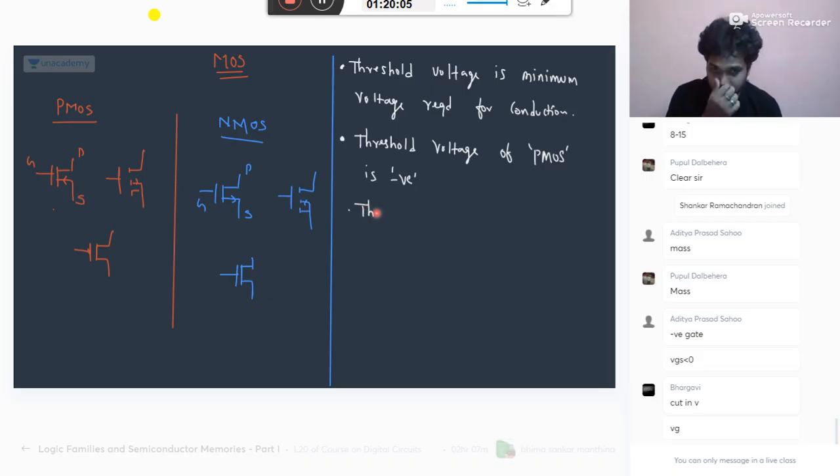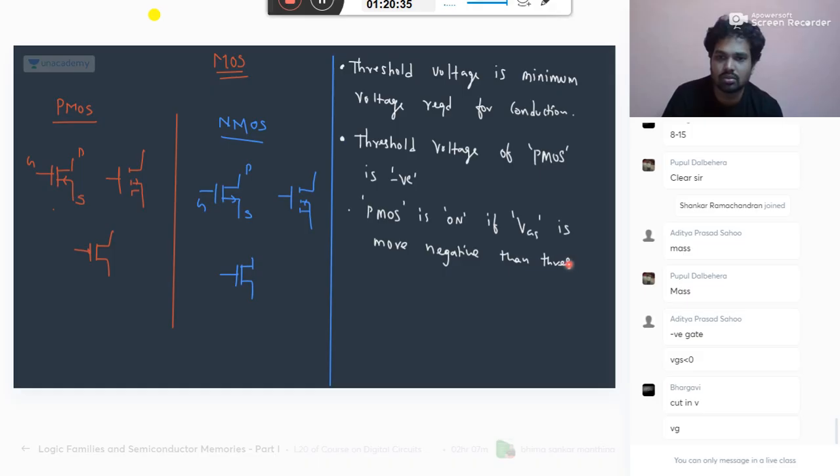So PMOS is on if VGS is more negative, that is, magnitude wise it should be more, than the threshold voltage.